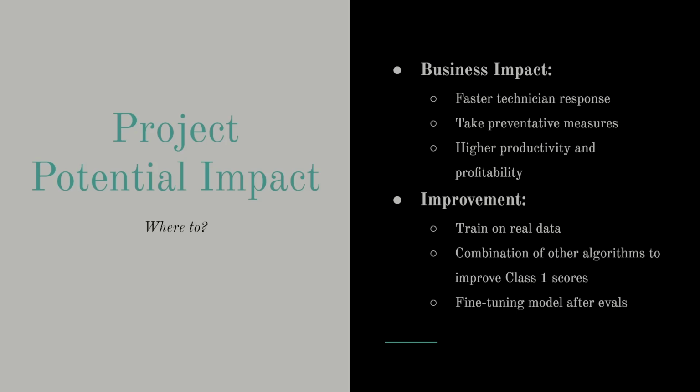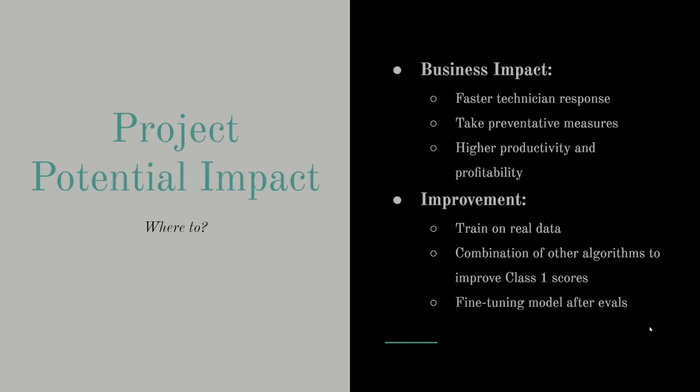But businesses can also take preventative measures by looking at the model's outputs and seeing a pattern of which are the most common groups and codes, and maybe which downtime may be next, and then they can take preventative measures to reduce that, and that will equate to higher productivity and profitability.